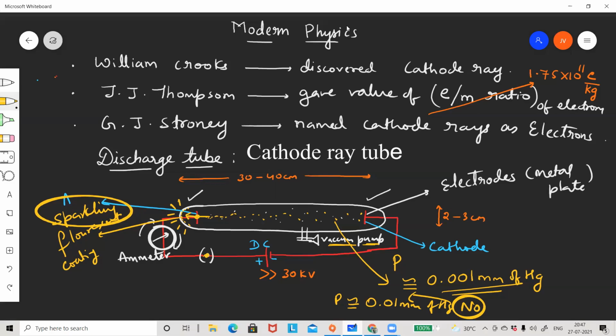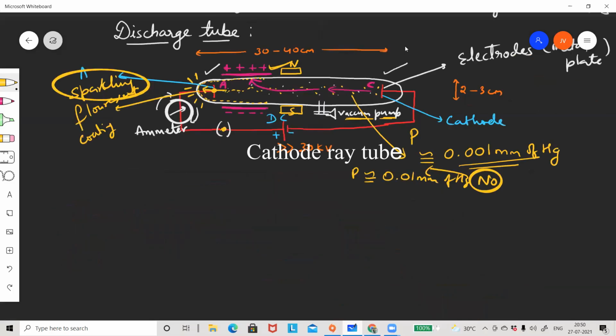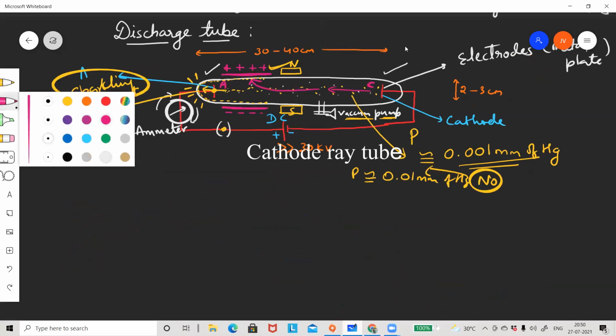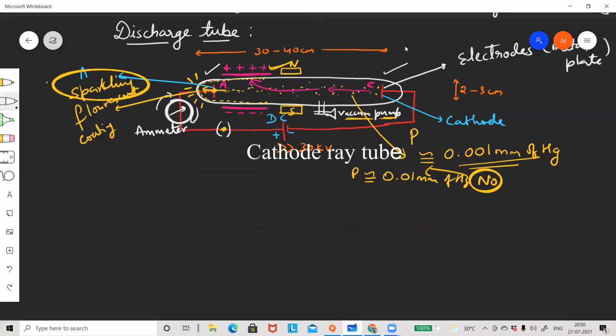Those ions, which are charged particles, became responsible for the conduction of electricity, due to which the ammeter was showing deflection, indicating the presence of electric current. So these were certain things in the experiment. And what was the output of this? They gave some conclusions.